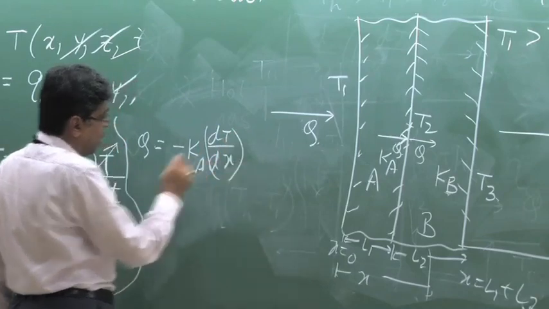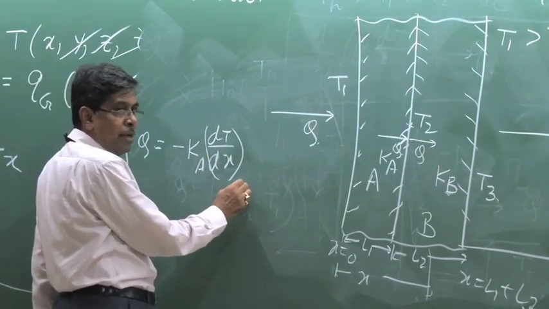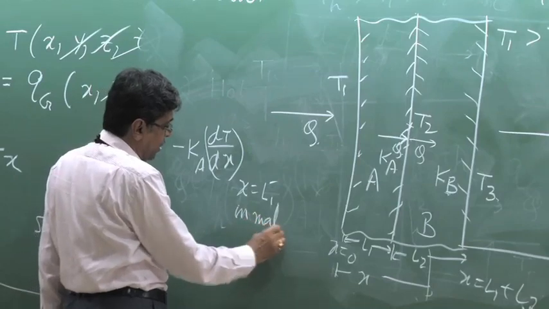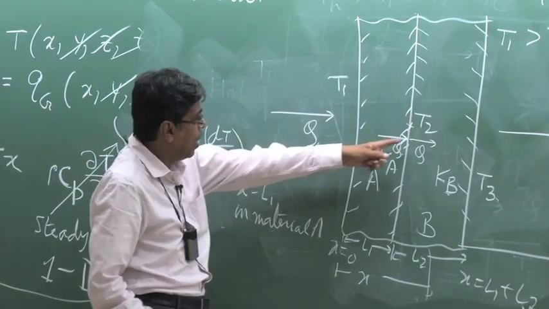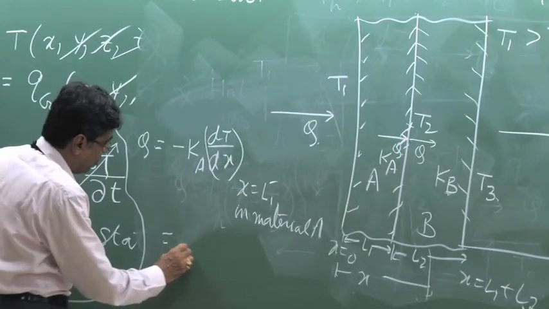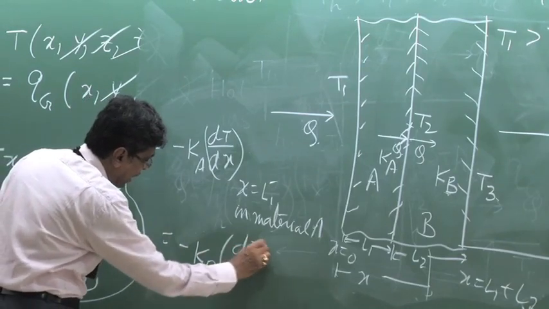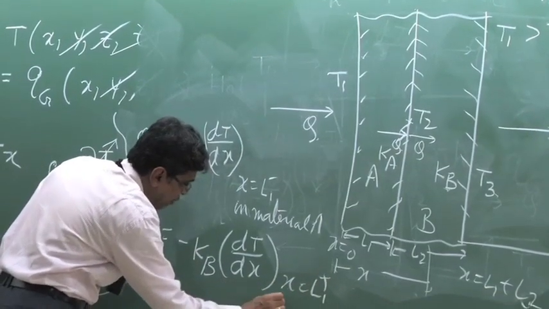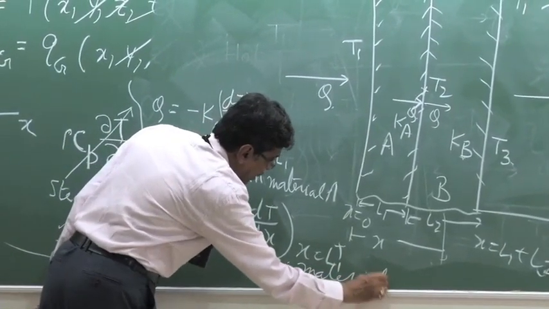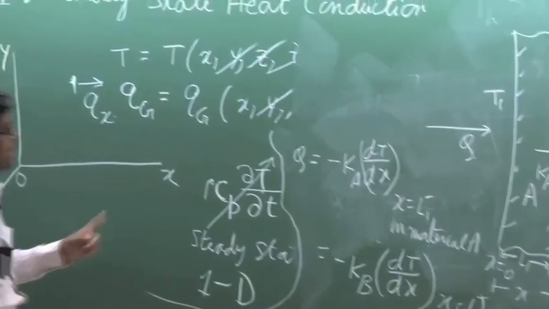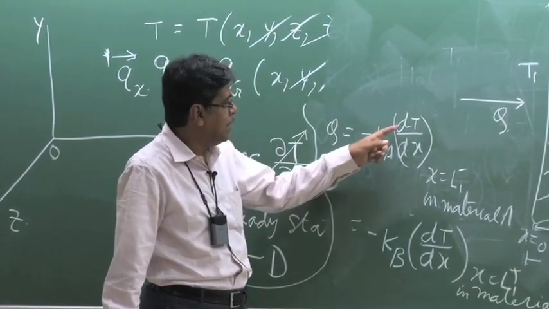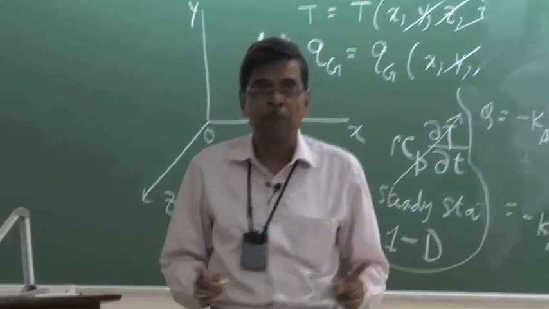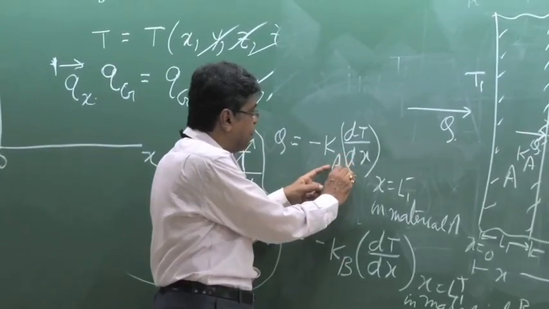Ka at x equal to L1 minus, that means in material A, must be equal to minus Kb into dT/dx at x equal to L1 plus, that means in material B. Since the heat continuity, the heat balance, holds, K times dT/dx has to be constant, which means there is a discontinuity of the slope, and the slope is inversely proportional to the respective thermal conductivity.